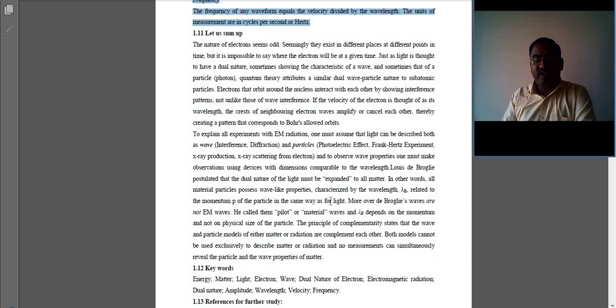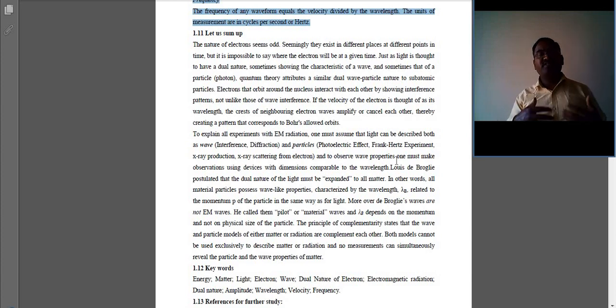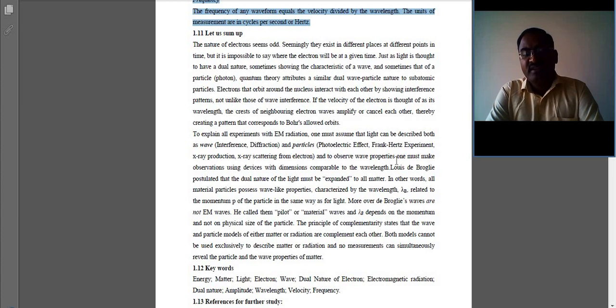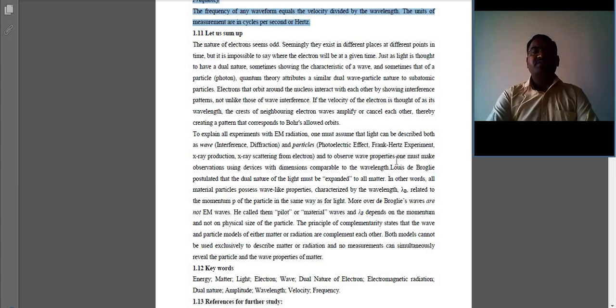Now I am going to conclude this unit. The nature of the electron seems to appear at different points in time, but it is impossible to say where the electron will be at a given time.